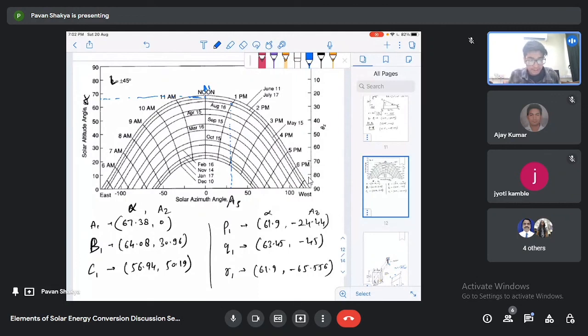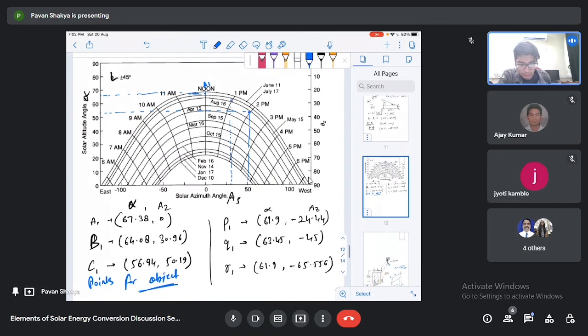Okay, similarly the C1 point, that is alpha angle is 56.94 and the azimuth value is 50.19. So this will be like this, and okay, so these are the points for object 1. A1 was the rightmost point, and this one is our leftmost point.